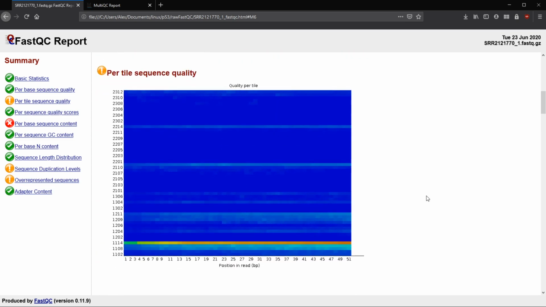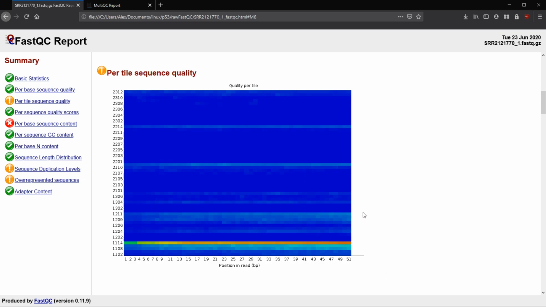When we move on to per tile sequence quality, this gets into some of the information that the actual flow cell of the sequencer will provide. So you can see if there are poor quality base calls. Again, we have 1 to 51.